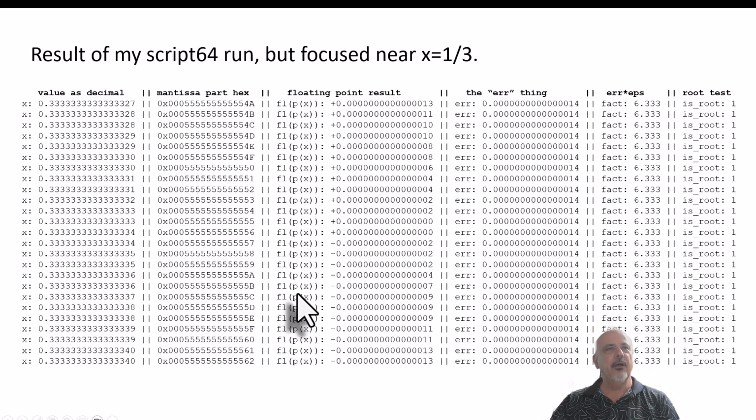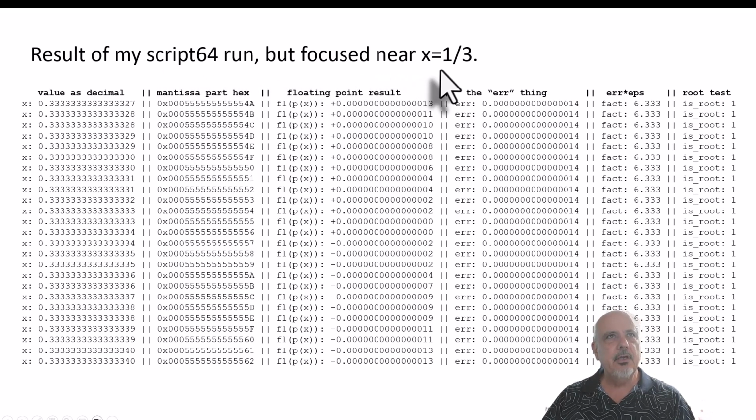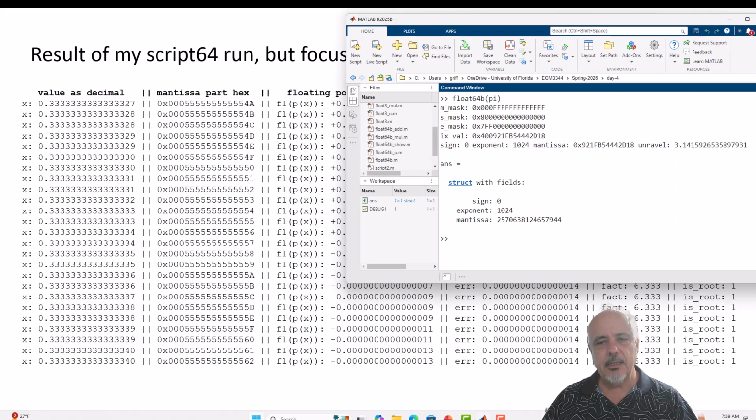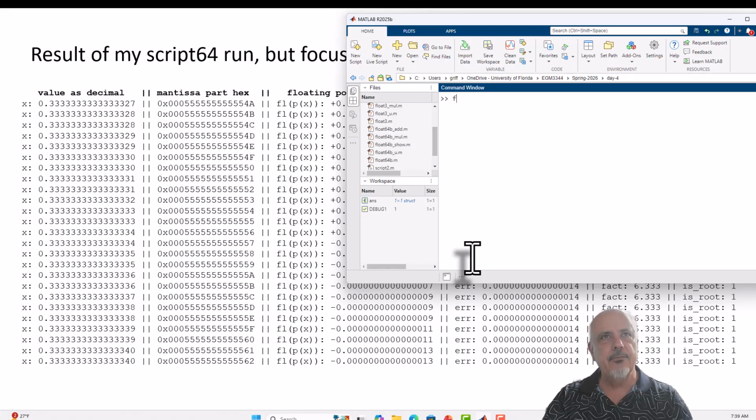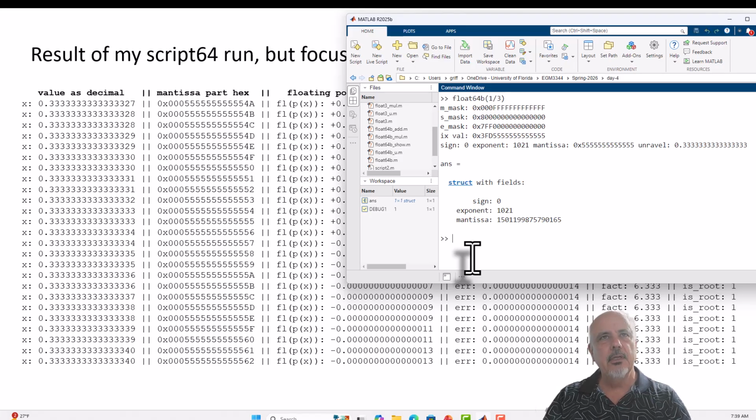Okay, so I want to think about running my script 64, focusing near that 1/3 root. Let me bring in MATLAB real quick. I'm going to clear the command window, and I'm interested in float 64b of 1/3, because I know 1/3 is the root a priori.